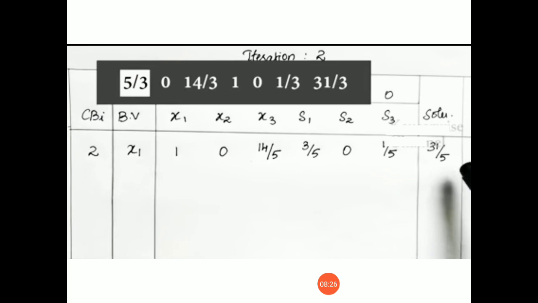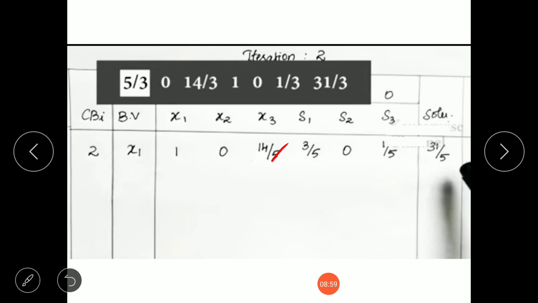So the first element of x1 row is 5/3 divided by 5/3, and it is equal to 1. Similarly, the second element of x1 row is 0 divided by 5/3, that is 0. The third element of x1 row will be old value divided by key element.